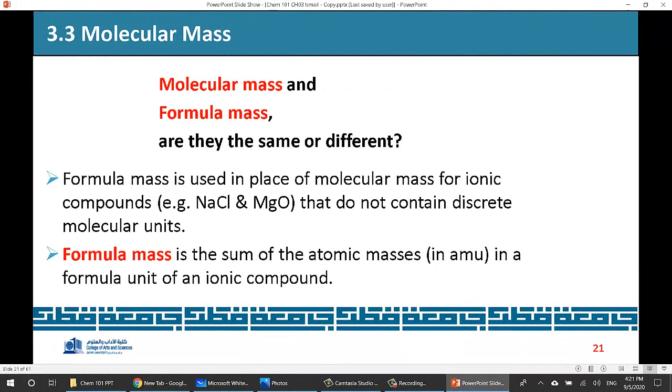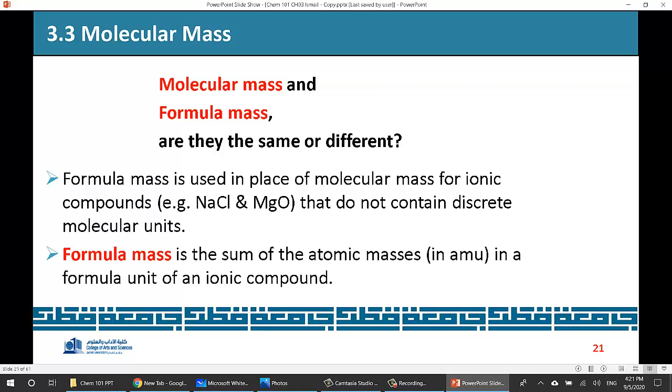Now there is something called molecular mass and there is formula mass. Remember that compounds are divided into ionic compounds and molecular compounds. For molecular compounds, the mass we are calculating is called molecular mass, or basically molar mass. But if you are dealing with an ionic compound, we only take the unit cell.